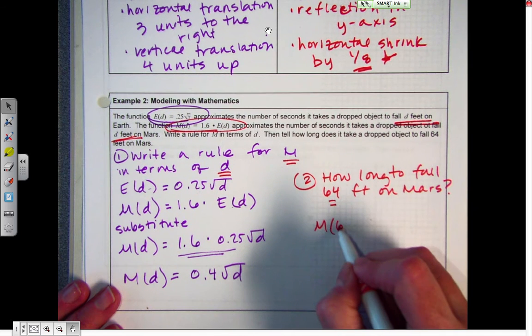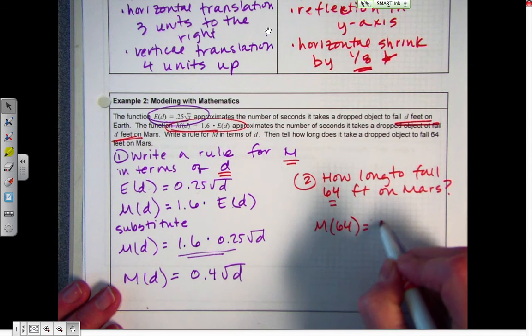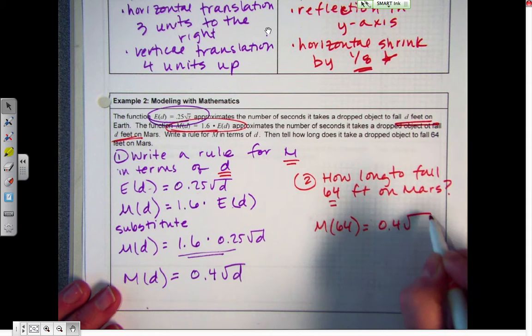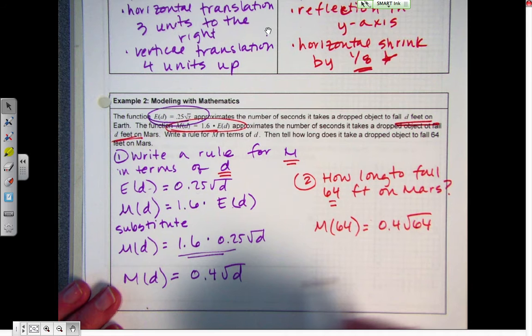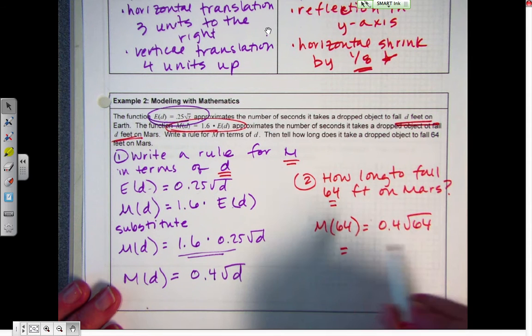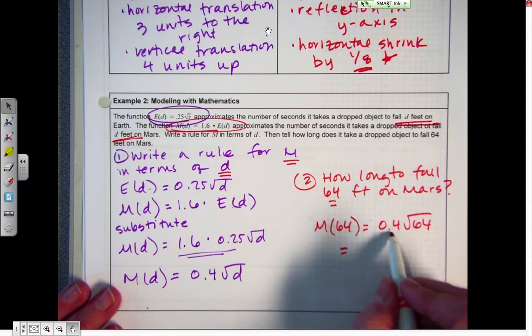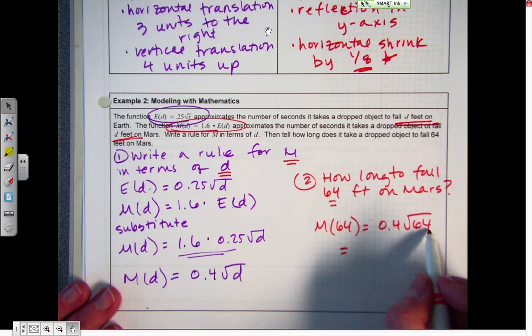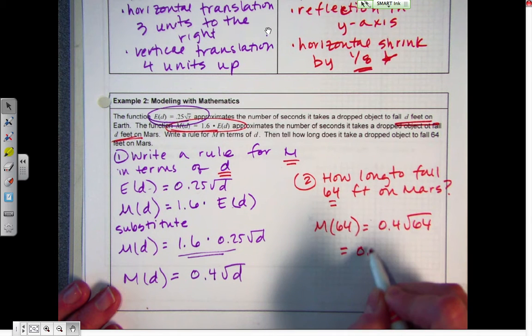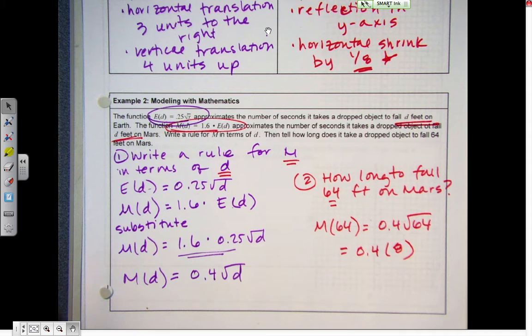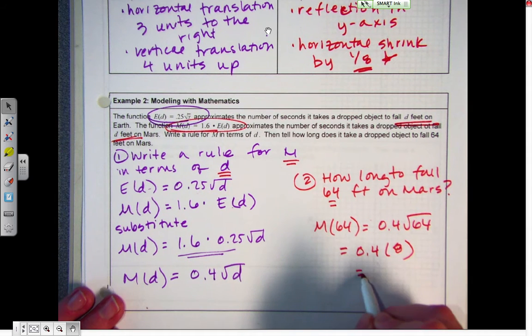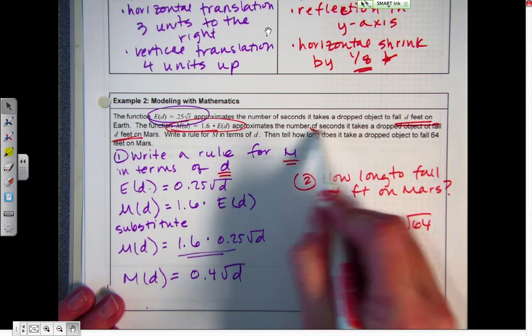So m of 64 equals 0.4 times the square root of 64. We know the square root of 64 is 8. So we have 8 times 0.4, which gives us 3.2, and we were told this was seconds.